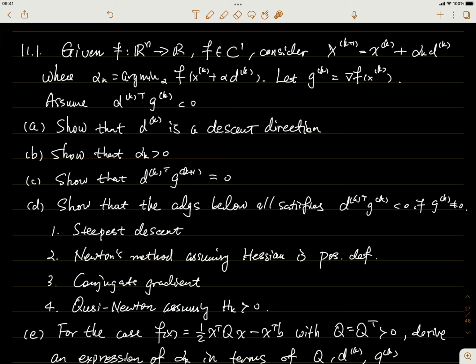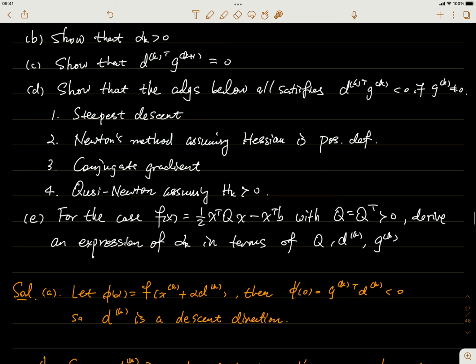And then we need to show that this inner product will be less than 0 for all the following four methods: the steepest descent, where we use the negative gradient as the search direction, the Newton's method, the conjugate gradient method, and the quasi-Newton's method.